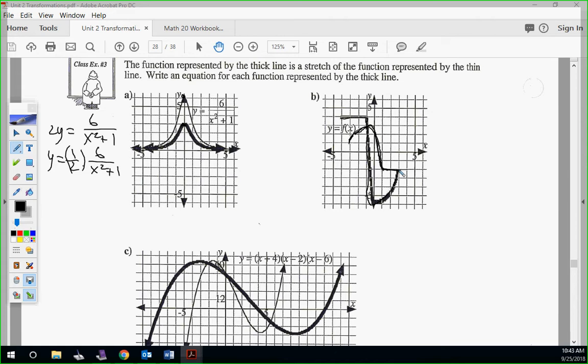Again on this one, a giveaway is the y-intercepts changed. Both of them look like they changed. So let's look here. This one's y-intercept looks like about 2. And this one looks like 1, 2, 3, 4, 5, 6. Looks like it was 2 to negative 6.